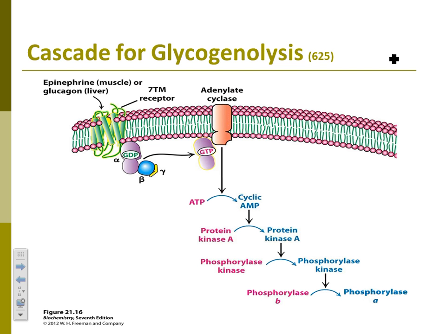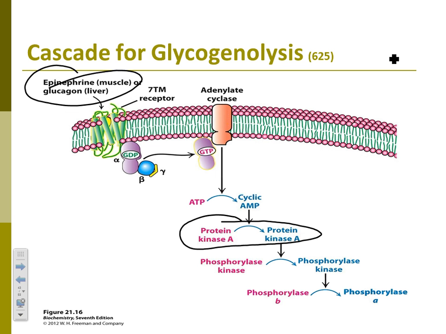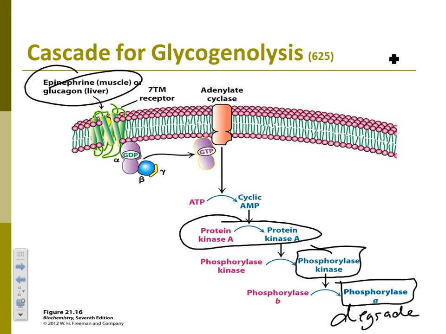It's good to review this Unit 2 stuff where you have the hormone binding that results in pKa. pKa is going to turn on phosphorylase kinase, and phosphorylase kinase is going to activate phosphorylase. Remember, phosphorylase is going to degrade the glycogen.